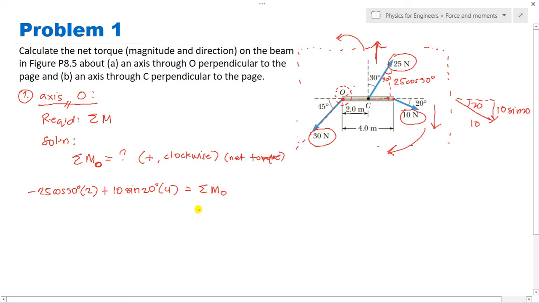Then perform the operation: negative 25 cosine 30 multiplied by 2, plus 10 sine 20 multiplied by 4.